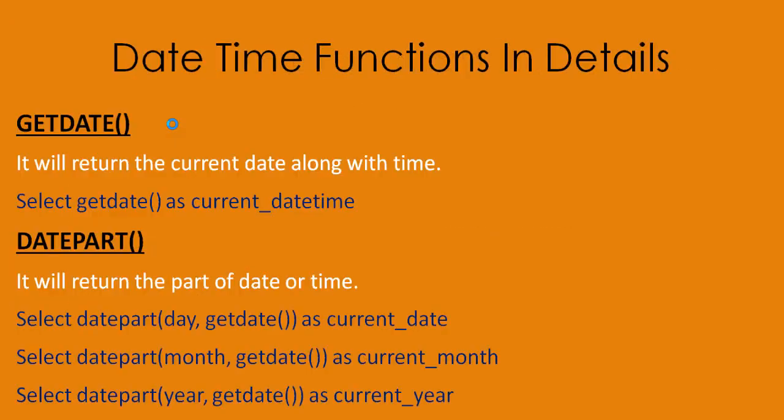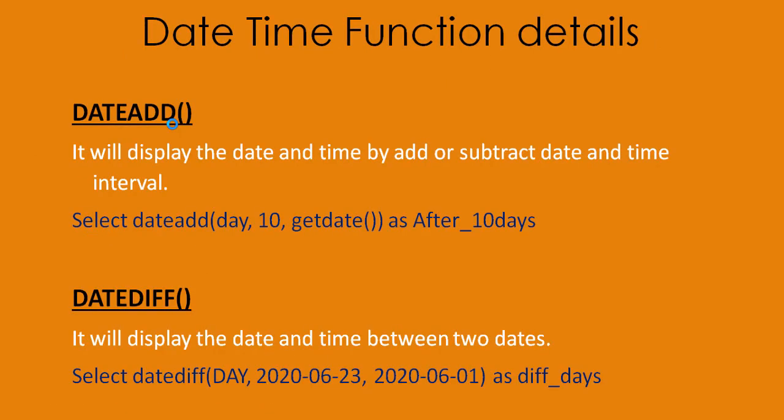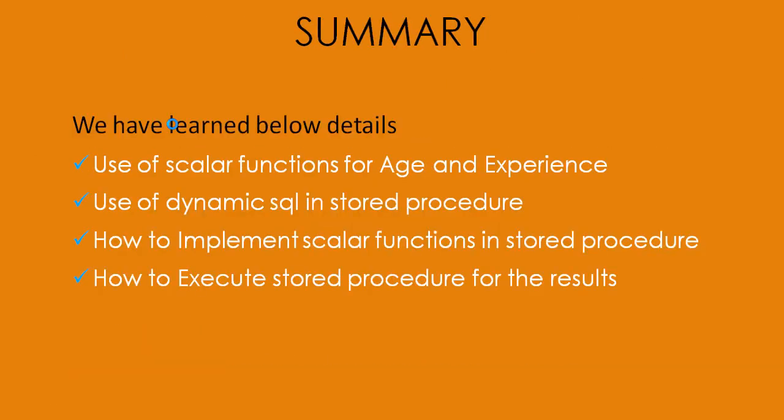So what we have learned finally in this session is the use of scalar functions for calculating age and experience, how Dynamic SQL is implemented in the procedure, and how to implement the scalar function already defined in SQL Server in a stored procedure by passing date time values and calculate age and experience based on two dates or based on the current date, and how to execute the procedure for getting the outputs.